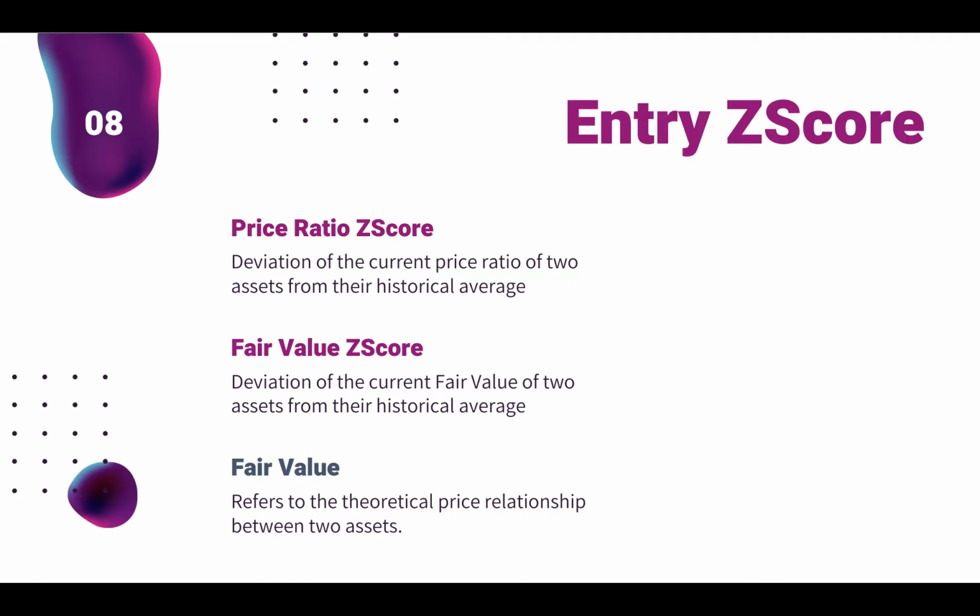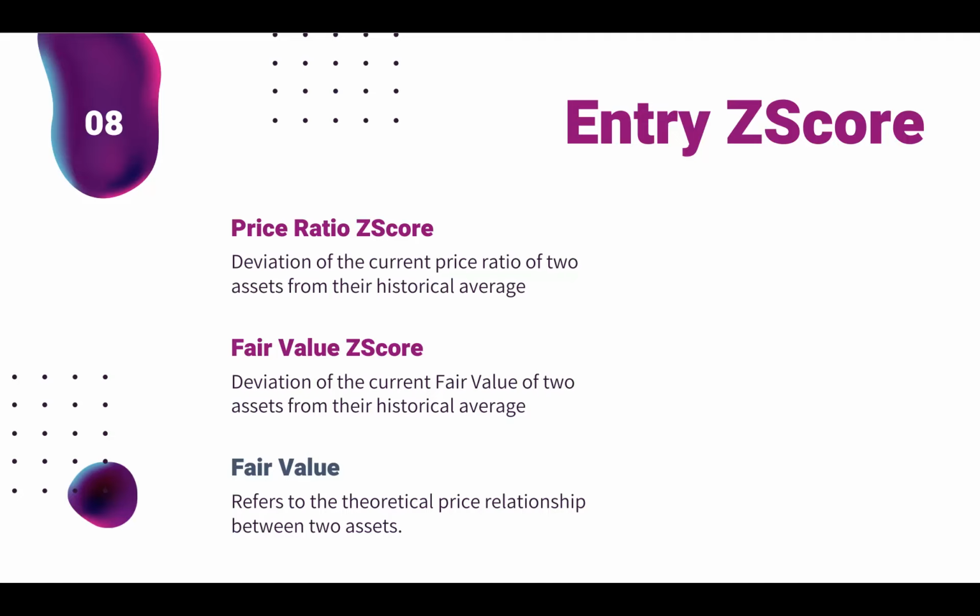For example, one stock is at 100, the other stock is also at 100. Now, if one stock moves to 120, theoretically, if both perform equally, that means this price also should be the same 120, right? But it is quoting at 100, for example. So there is a difference of 20 rupees between them. So that is called the fair value.